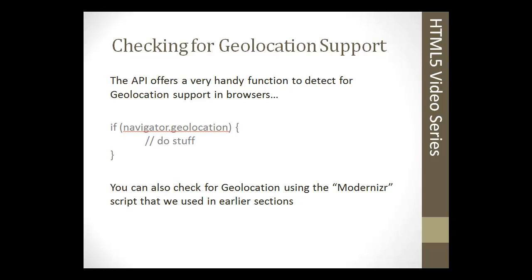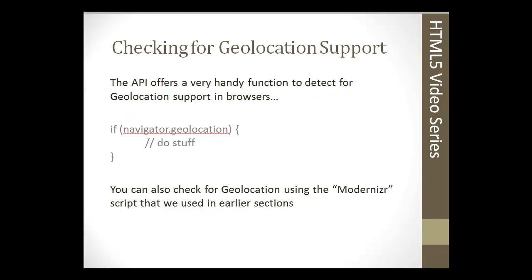And the API offers a very handy function to detect for support, and it's as simple as this. It's as simple as checking the navigator object for the geolocation property. And you can also use Modernizr, as we've used in past sections. It's almost just as simple as this function. Very easy.